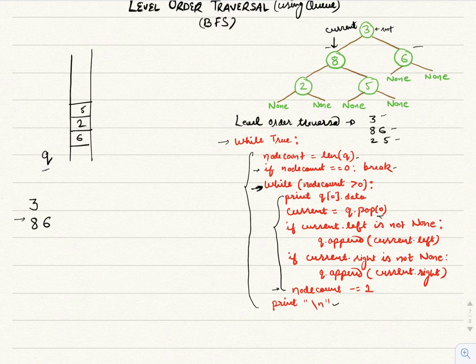It will print after 8 in the same line, and then we'll pop this 6, which is the first element of the queue, and we'll assign current to it.